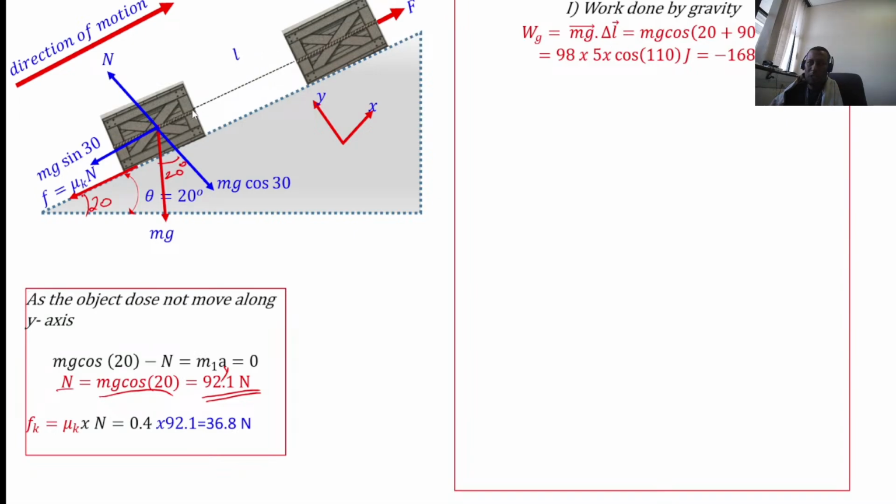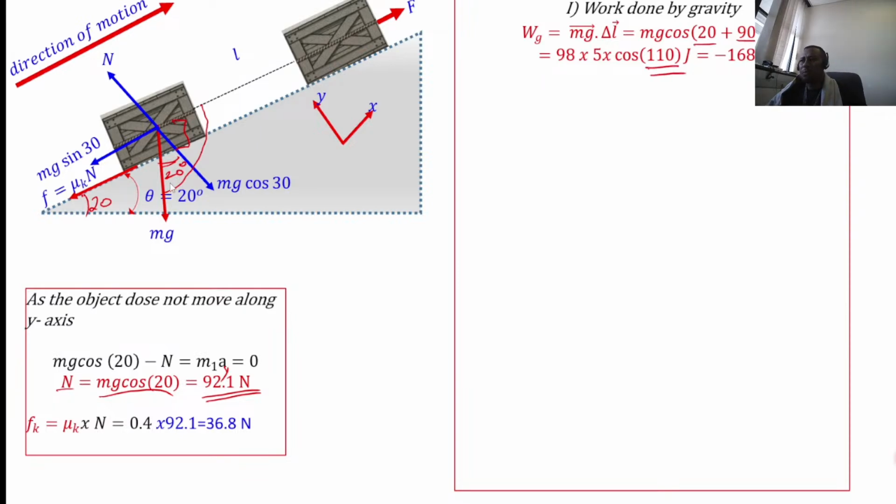Therefore, the direction is along the inclined plane, but mg is down. The angle between them is from that point all the way to here. I know this one is 20, this one is 90 degrees. Therefore, the angle is actually 20 plus 90 degrees, which is 110 degrees.